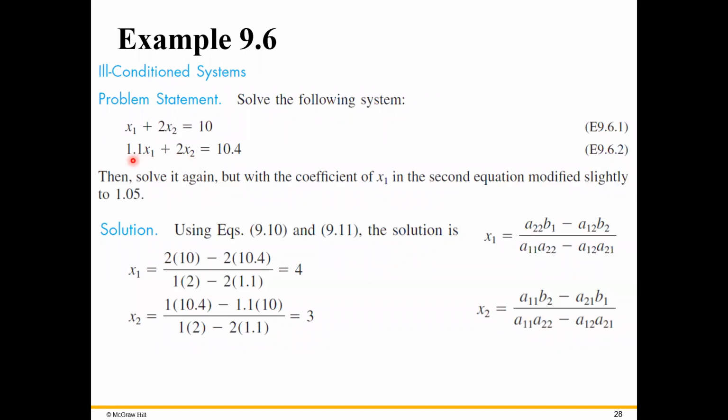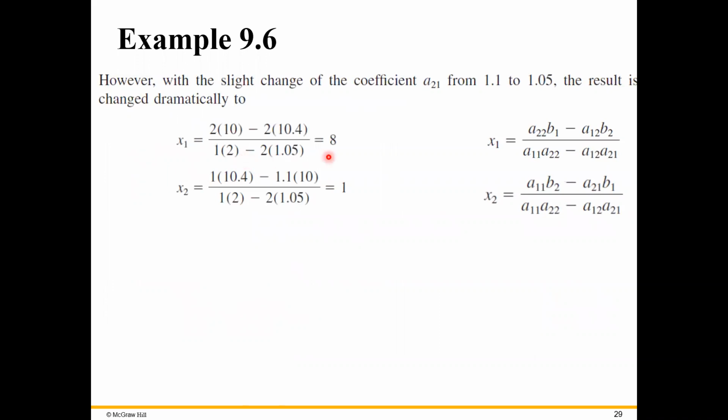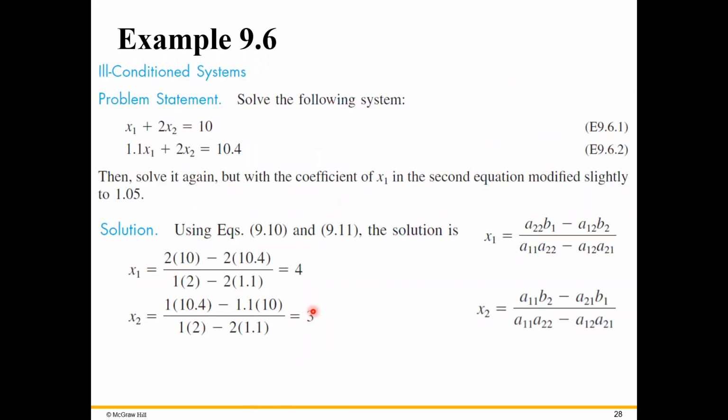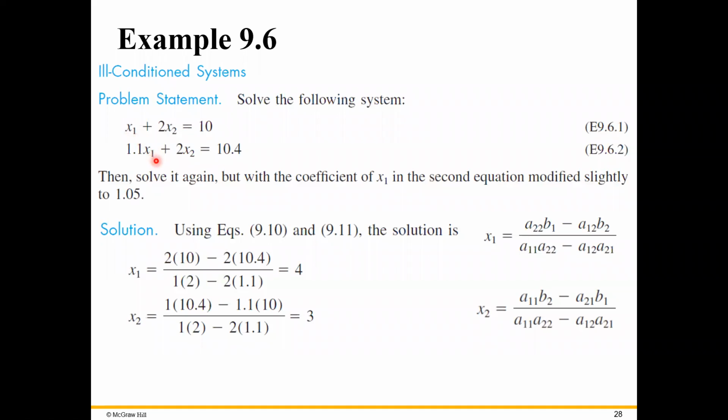But if we change just 1.1 to 1.01, then what happens? In this case, the solution will be 8 and 1. So you can see that the solution changes from 4 and 3 to 8 and 1, which is very much different. The only difference between the equations is that we have used 1.01 instead of 1.1.